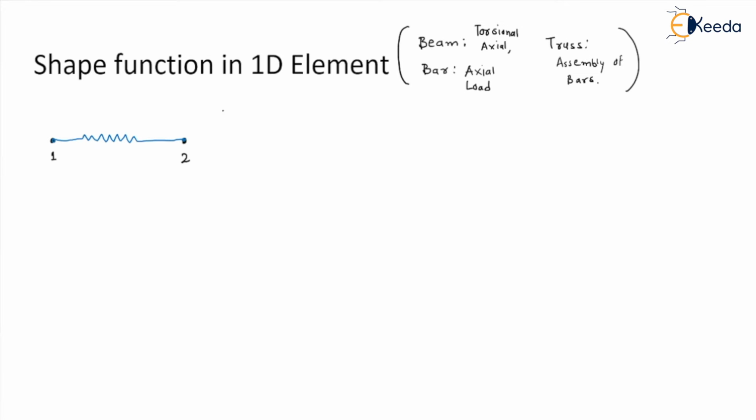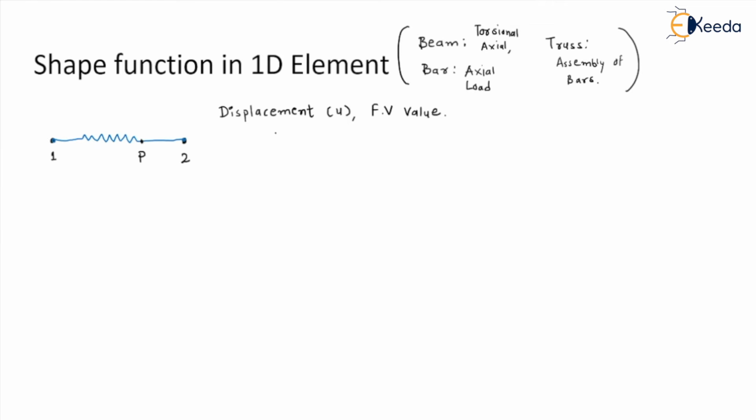For example, in this example, we are taking field variable as displacement, that is denoted by U. So this is my field variable. We can find the displacement either on this node or this node. For in between any point, let's say this is point P, in between anywhere it can be. At point P, we cannot find the value of this field variable.